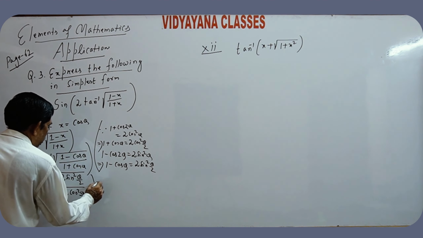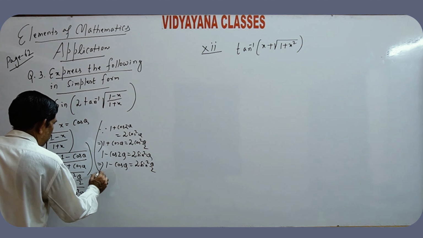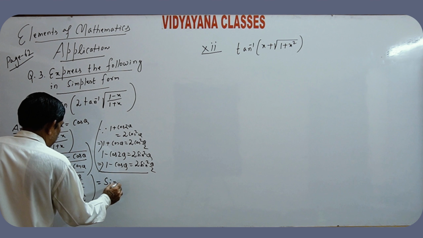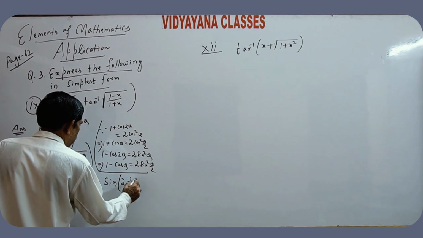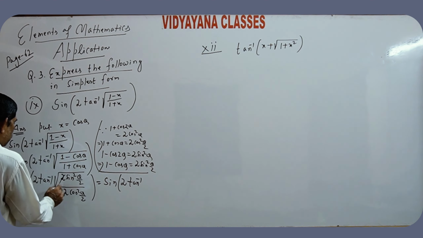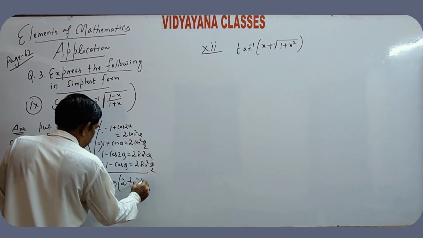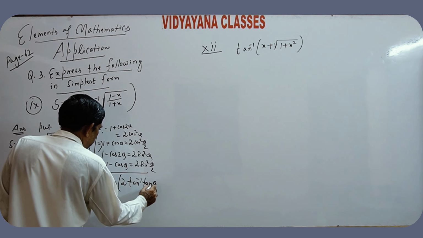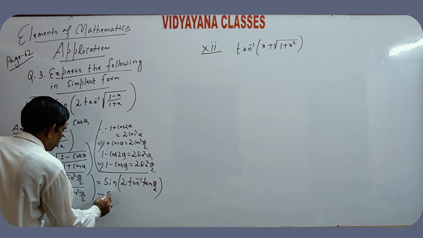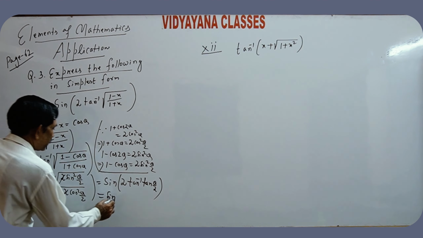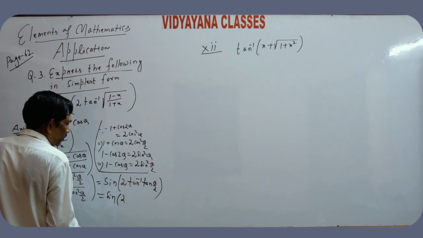which is same as sin 2 tan inverse, 2 cancels, square root of this is equal to tan theta by 2, which is same as sin 2 tan inverse tan theta by 2 is equal to theta.